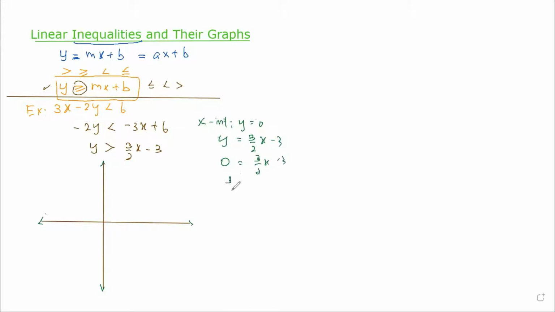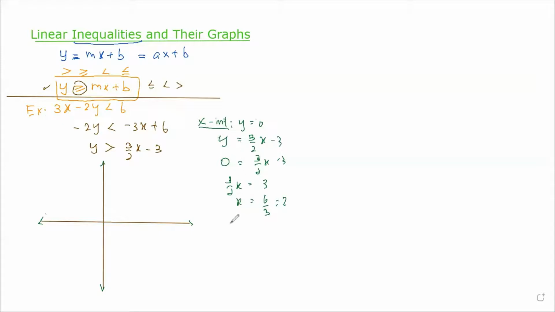So I have 3 over 2x equal to 3, correct? Because I want to get the x-intercept. So then x is gonna be 6 over 3, right? So it becomes 2. So now I have x-intercept equal to 2.